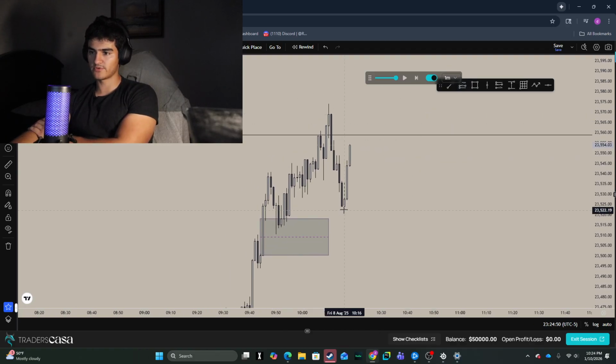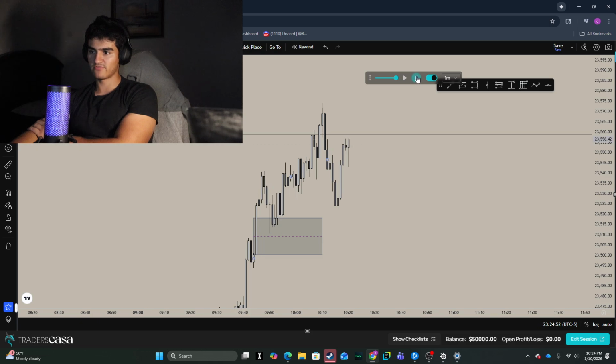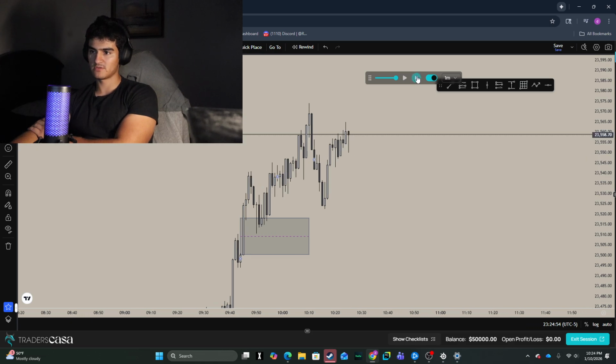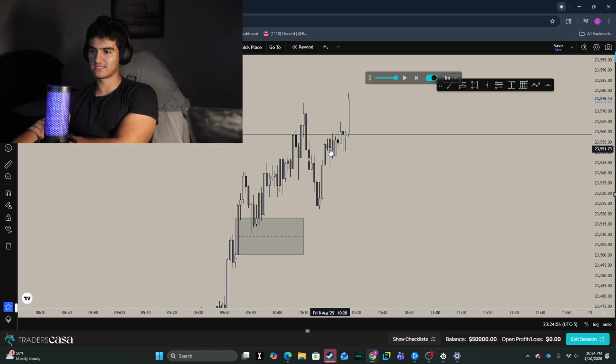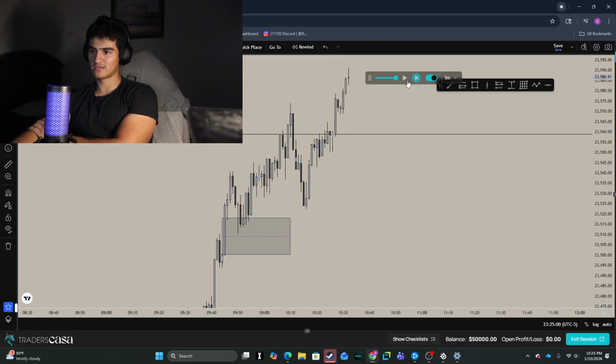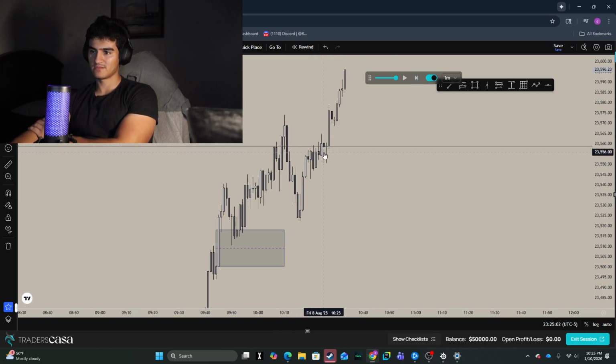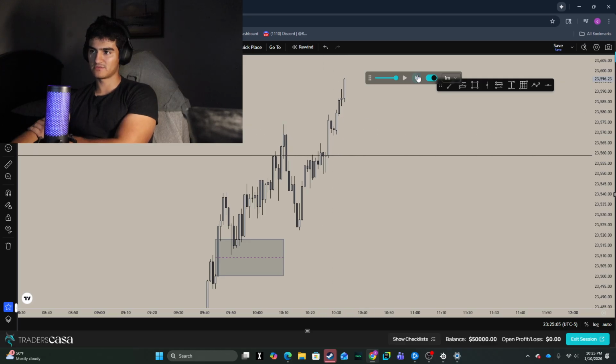There's no support though, so I still wanna wait for more confirmation. Yeah, I would have taken it. I would immediately be break even on this trade. I don't like the candles here.